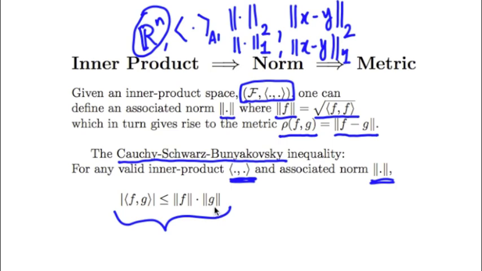This is a really crucial inequality, and it will be interesting to try and write down this inequality for all the examples that we saw on the previous page. Remember that the vector space we're dealing with could be function spaces.